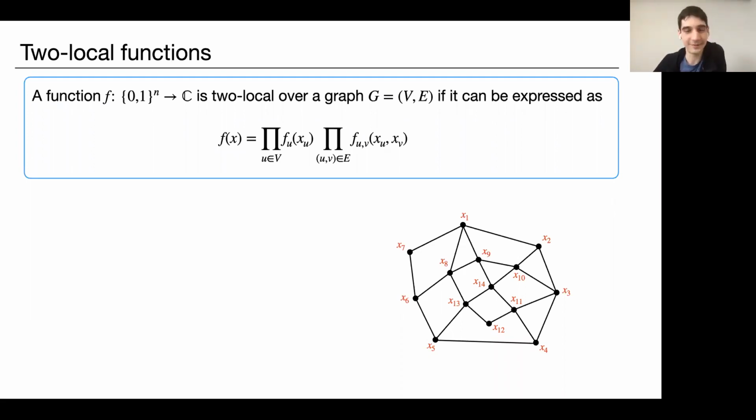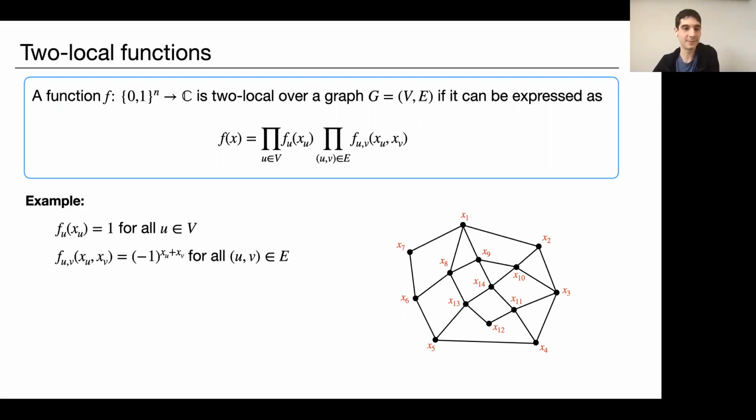So that's the definition. Maybe it'll become more clear with a simple example. Imagine we have this function which assigns 1 to every vertex variable, and assigns -1 to every edge variable where the variable assignment on either side of the edge is different.